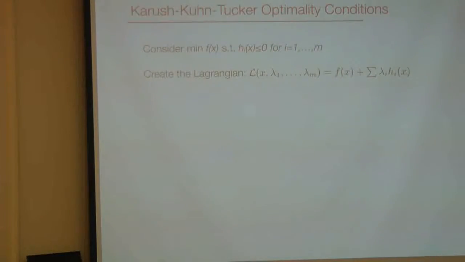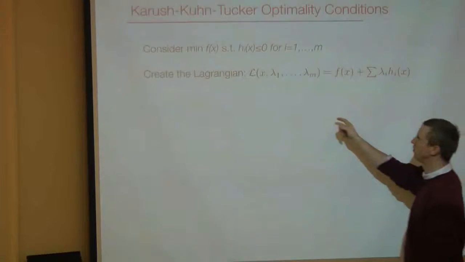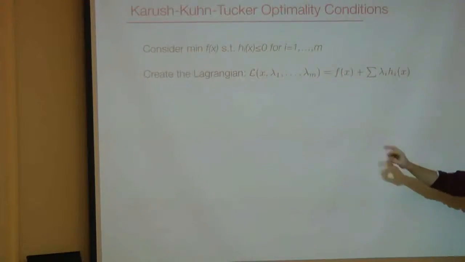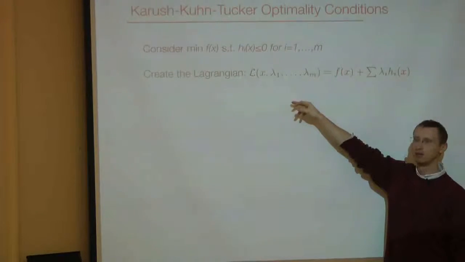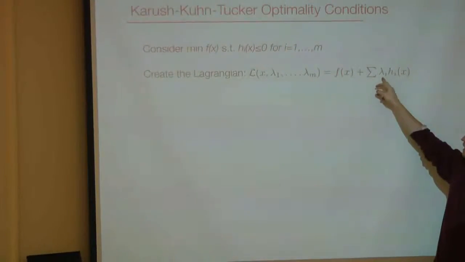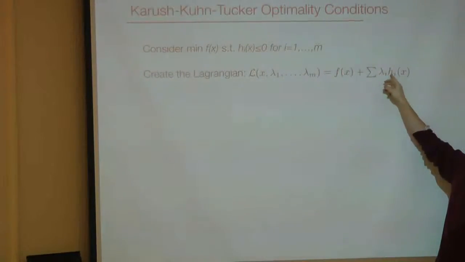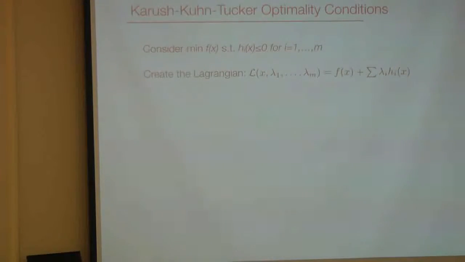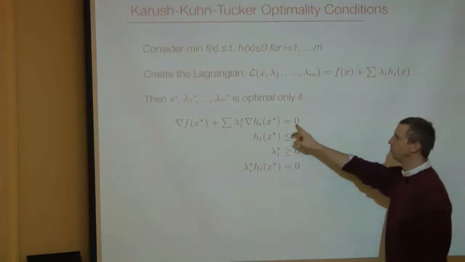So from the beginning, the Karush-Kuhn-Tucker optimality conditions for a problem with inequalities start very similarly as before, meaning we also take the Lagrangian by taking the original cost function plus the Lagrange multipliers multiplying the left-hand side of the normalized constraint. Okay? And then that's the standard condition that we had before.